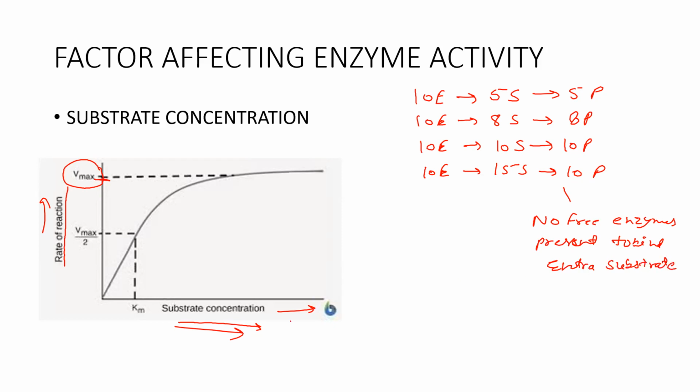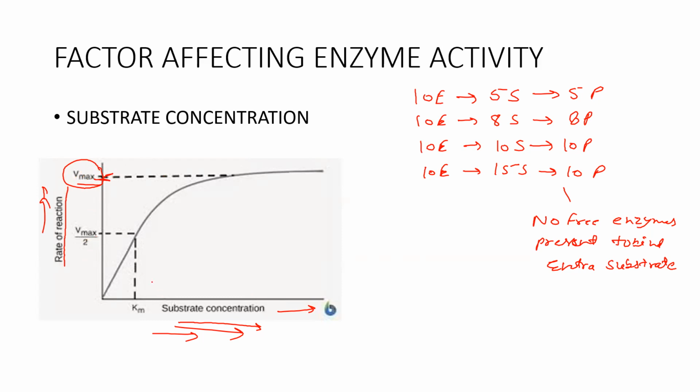So when we increase the substrate concentration, the rate of the reaction will also increase and reaches a point after which, even if you increase the substrate concentration, the velocity will not increase. That is called Vmax, maximum velocity. Half of this velocity is called Vmax by 2.